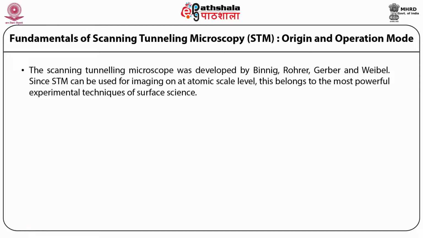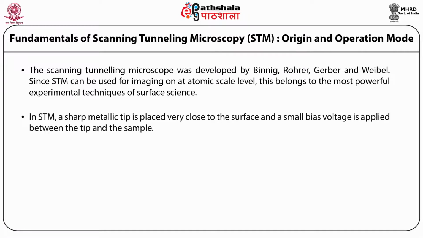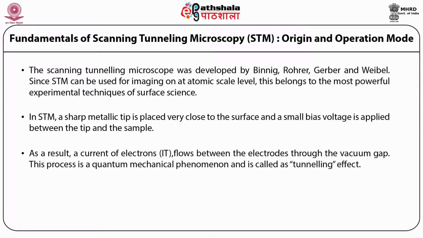So therefore, in STM what we do is a sharp metallic tip is placed very close to the surface and a small bias voltage is applied between the tip and the sample. As a result, a current of electrons, here written as IT, flows between the electrodes through the vacuum gap. This process is a quantum mechanical phenomenon and it is called the tunneling effect.